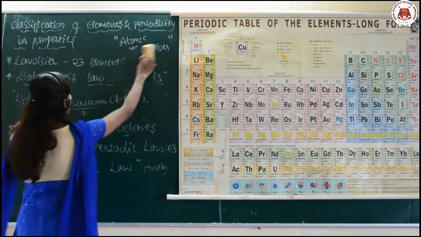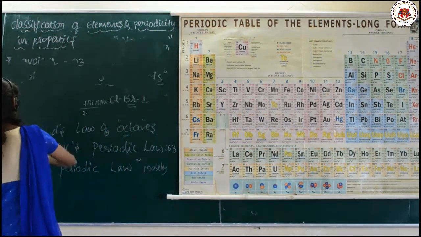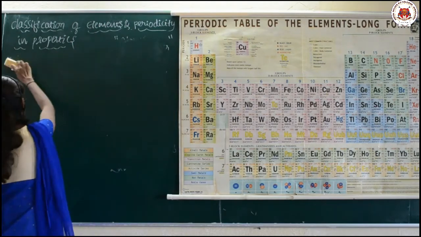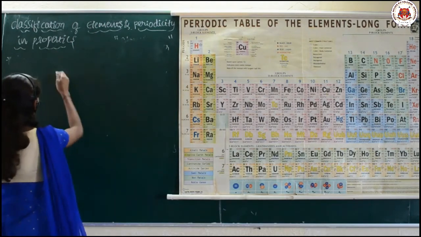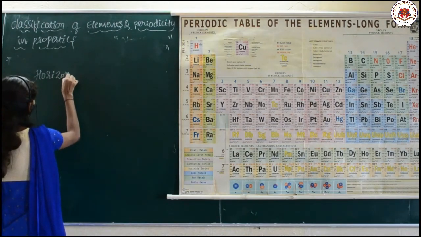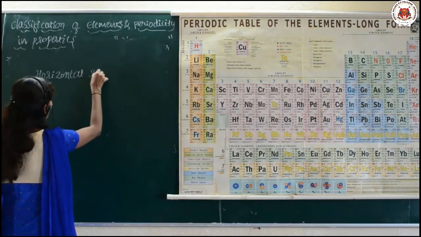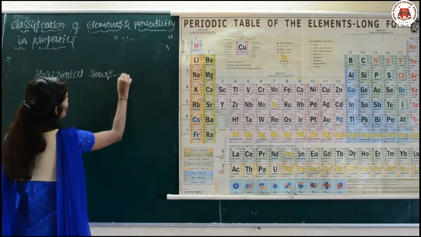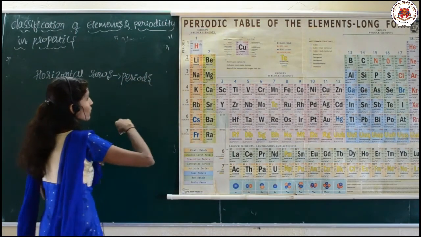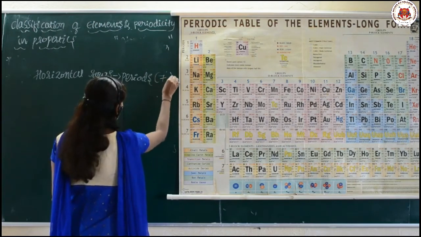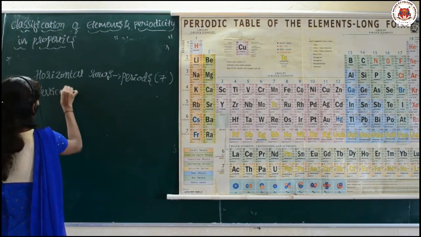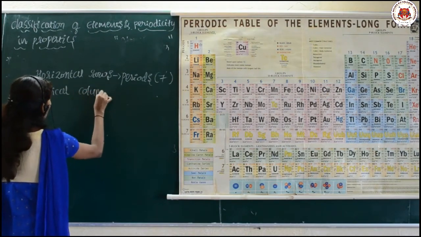The modern periodic table consists of horizontal rows called periods. 7 periods are there, and it also consists of vertical columns.